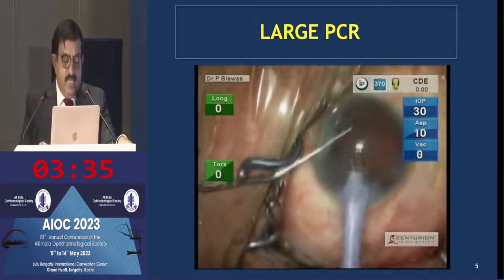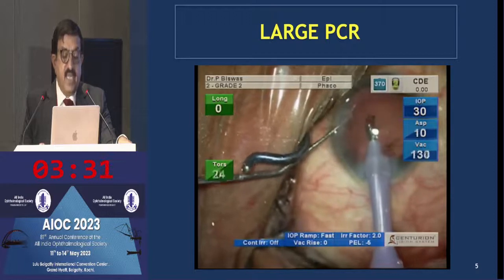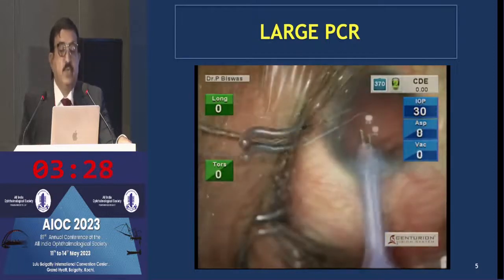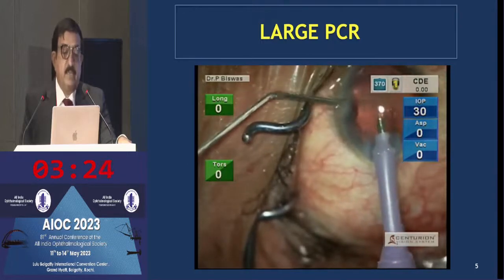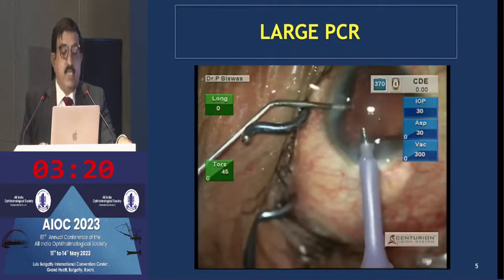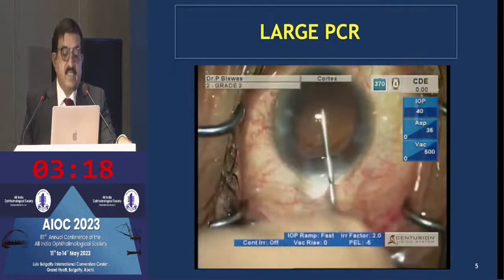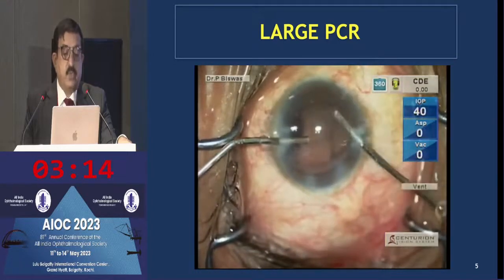So we are able to take off most of the part of the nucleus, and as we take off the nucleus part, we need to put in the viscoelastic while the phaco needle is in place, in an amount so that we are able to remove also the cortical matter.